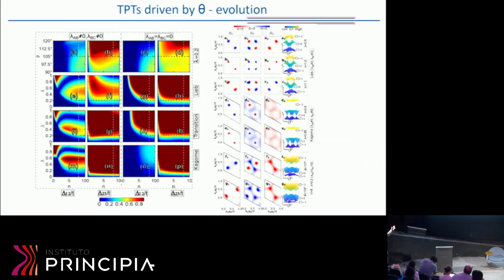Moreover, I did this for all the different types of strain, and I did this analysis systematically. You see situations like this one, where the blue gap closes, opens, closes. If you go to the Berry curvature, you see the sign difference, and in the Chern number you see that it changes.